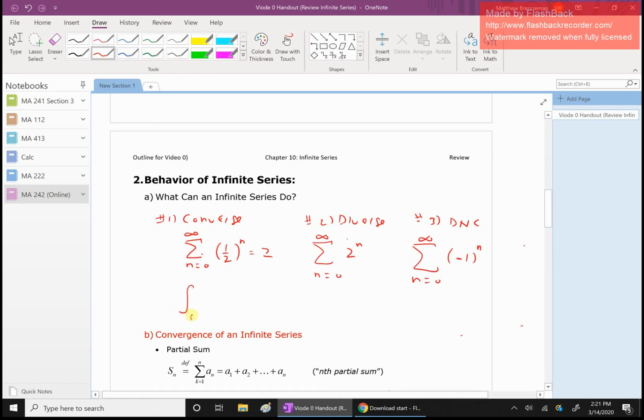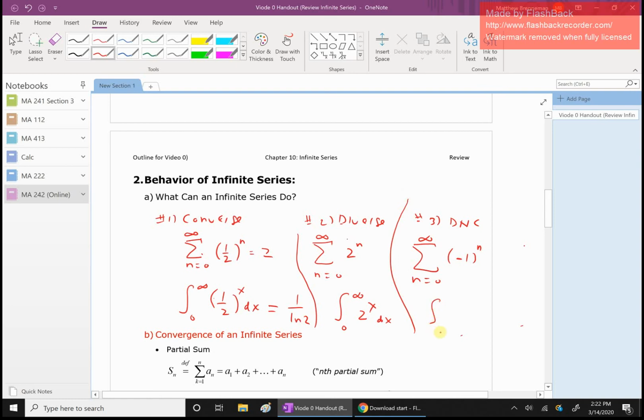So for example, if we evaluated this integral and you went back and reviewed your formulas for integration, you'd find out that this is equal to 1 over natural log of 2. And if you looked at this improper integral, 0 to infinity of 2 to the x, this does not exist because it becomes infinite.